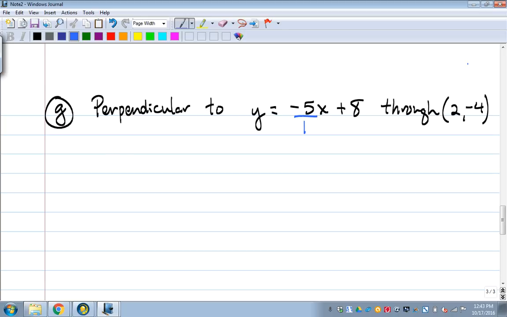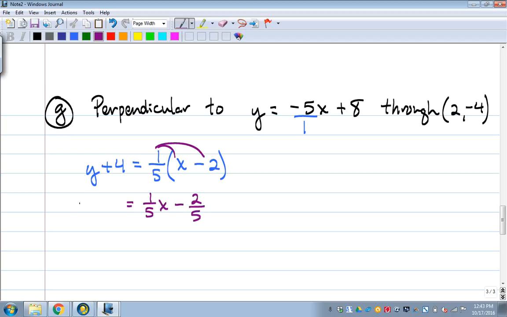Now that point over there is (2, -4). Can I go straight to slope intercept form? No, I got to go through point slope form. So I'm gonna have y plus 4 equals 1/5 x minus 2, and then we're gonna distribute. 1/5 x minus 2/5. y plus 4.